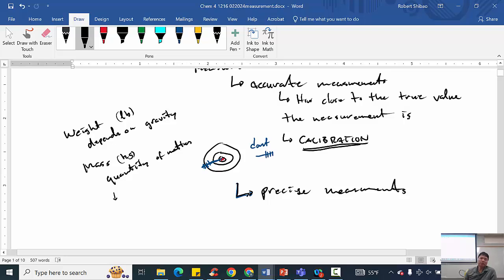Even though these aren't the same, for chemists, we use the word weight to mean mass. So when we say go weigh something, we just mean measure its mass.